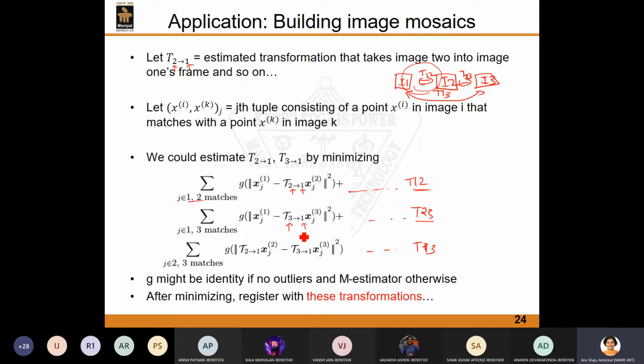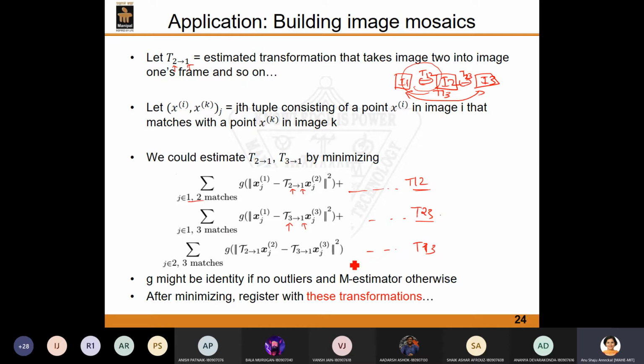I apply this transformation to the source image, then find the difference between the correspondence in image 1 and the transformed image 3. Again I find the error function, and that gives me T23.